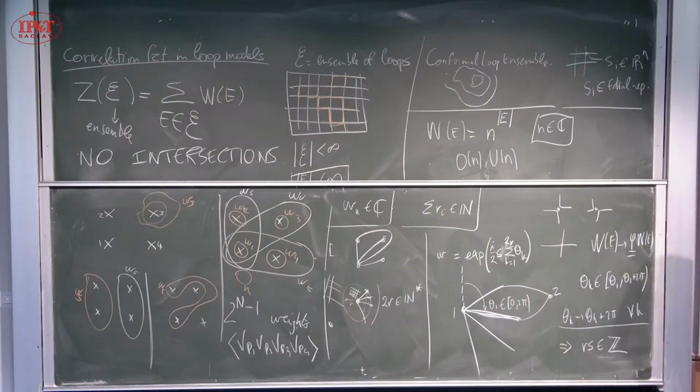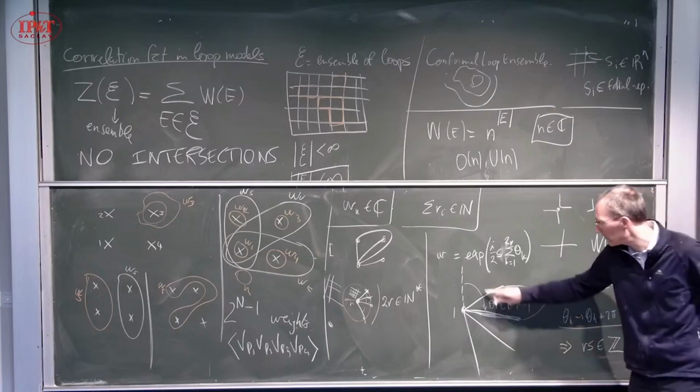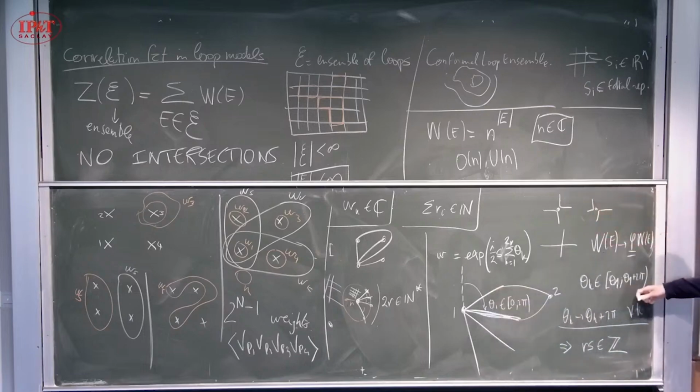Sorry, you didn't really say what are theta k for k different from 1. So theta k is an angle. It's also measured from this reference direction, but it's in this window of size 2 pi. It has to be bigger than theta 1. They start from the reference. Okay.